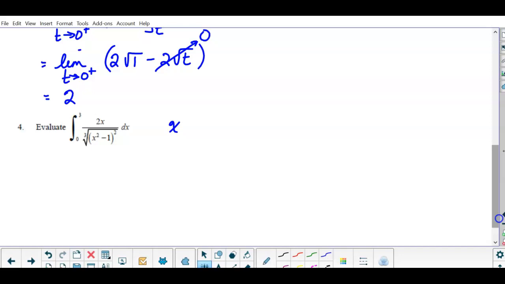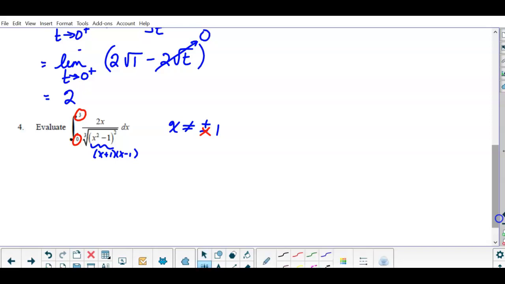So in this case, this factors to x plus 1, x minus 1. So x cannot equal plus or minus 1. So we have to set this up into 2 parts. The negative 1 isn't going to come into play here, because take a look at your limits from 0 to 3. So we don't even care about that negative 1.